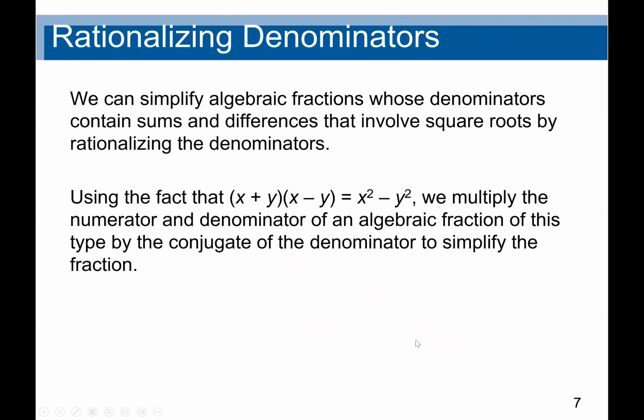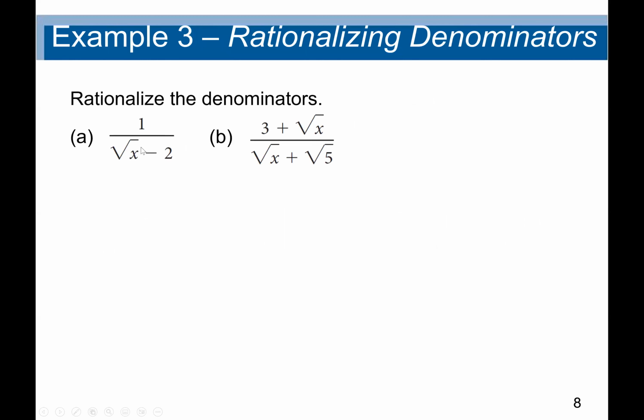So here we say we can simplify algebraic fractions whose denominators contain sums and differences that involve square roots by rationalizing their denominators. So the idea here is that if I have this example and they say we should rationalize the denominator, it means we have to remove the radical sign or the square root.